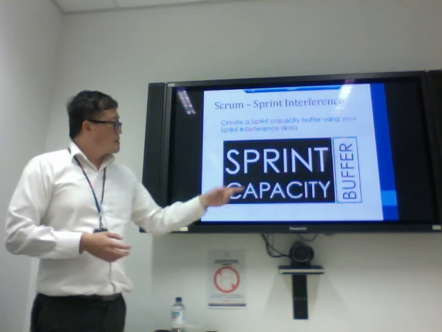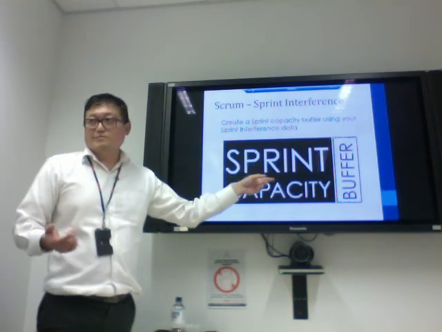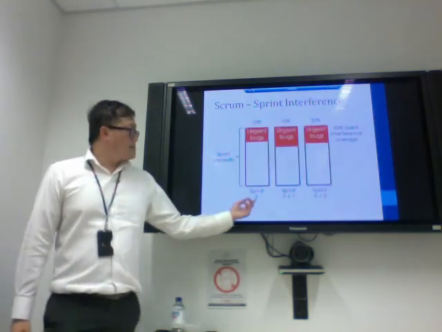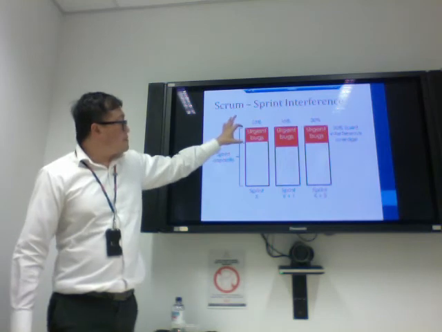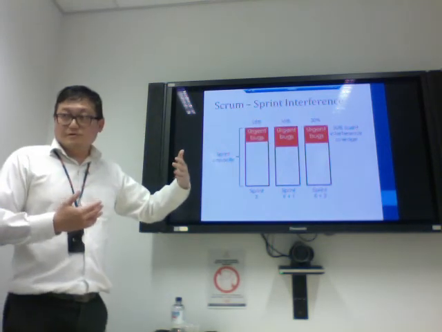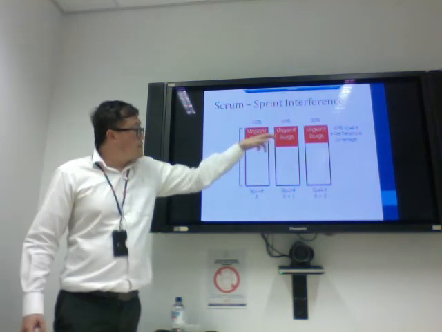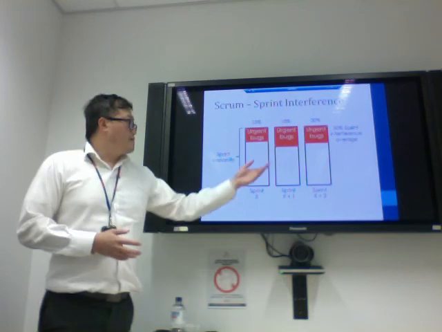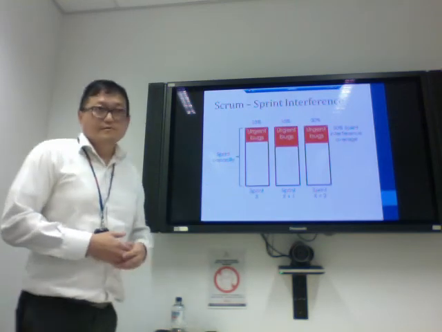From there, we can work out the buffer to plan for the next sprint. This is just an example. For the last 3 sprints, we had all these disturbances or unexpected events that caused the scope to blow out. So we can measure it, average it, and then the next time we plan, we use a sprint capacity of 70% in this case.